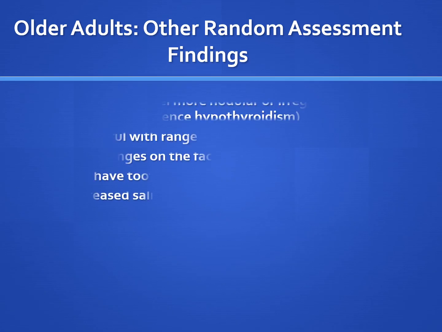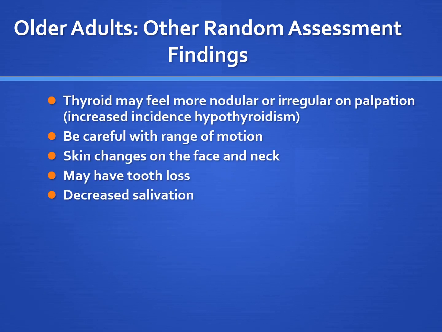Other random assessment findings. The thyroid may feel more nodular or irregular because of long-term structural changes. In older patients, we also see an increased incidence of hypothyroidism.